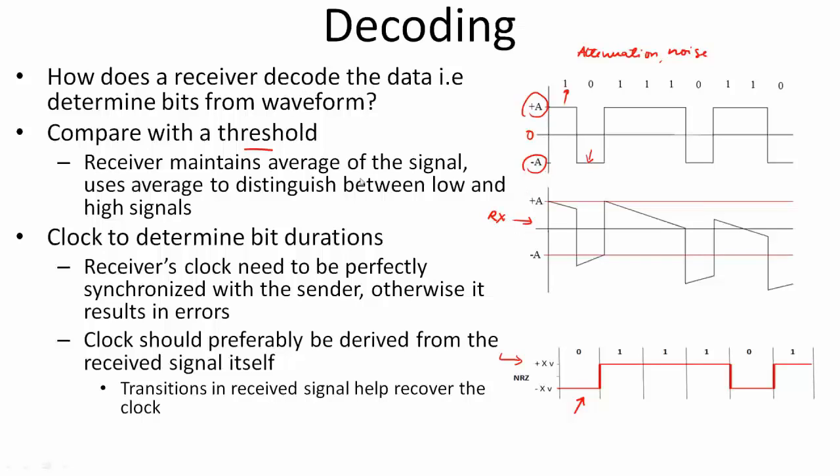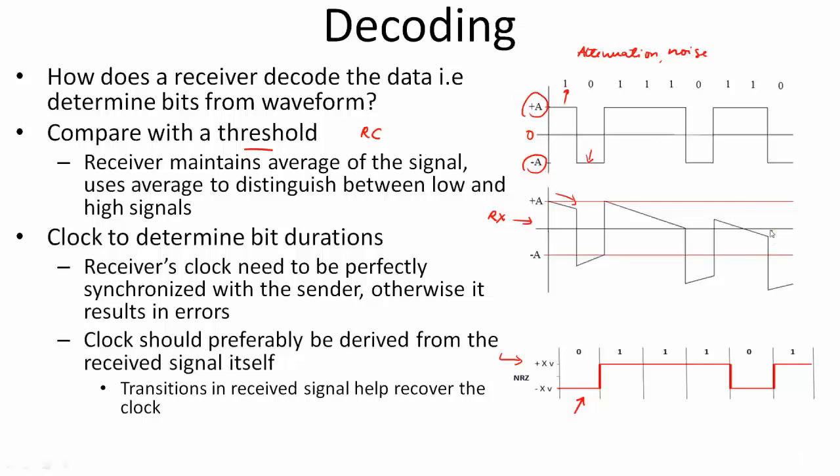If you have done electronics, you would have heard about this RC constant, which is basically a time constant, which is a product of the resistance and capacitance. These tend to discharge in this particular fashion. Even if you don't understand this, let's work with the assumption that this is the received signal caused due to some capacitance effects of the media.